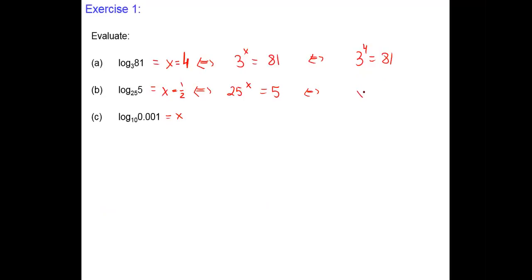You can think about the last one. 10 to the power of x is 1/1000. I can write it this way: 1/1000 is 10 to the power of -3.